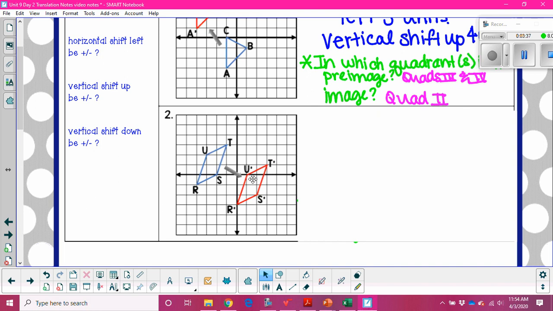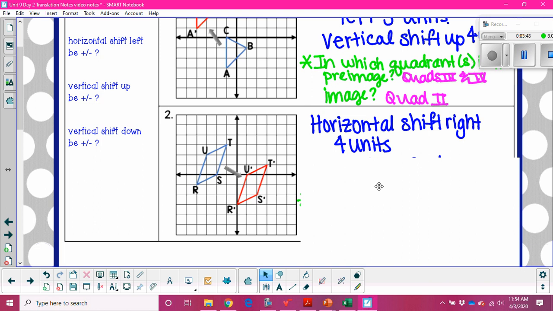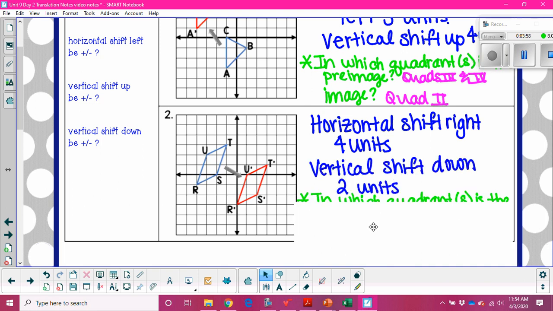It had a horizontal shift to the right by 1, 2, 3, 4. So there was a horizontal shift to the right 4 units, and then it got shifted down 1, 2. So it was a vertical shift down 2 units.